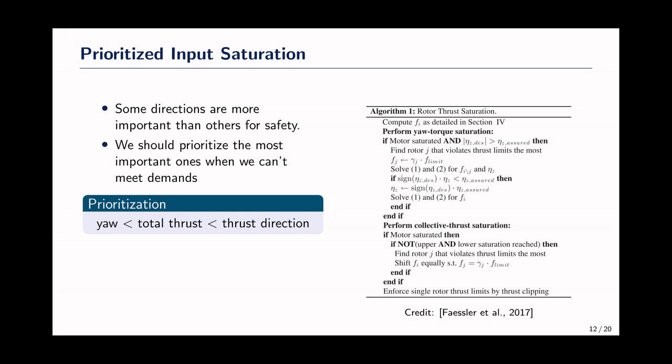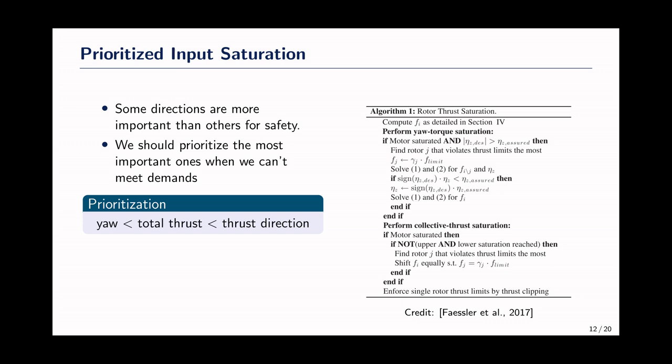So we can define a prioritization scheme where we prioritize the thrust direction, then the total thrust, and then the yaw torque. If we can meet all three, we'll meet all three, but if we can't, we'll drop off yaw first. And if we can't meet the thrust direction and the total thrust, then we'll drop off the total thrust and be left with the thrust direction. If we still can't meet the thrust direction because our motors are saturating, then we're just going to have to cut our losses.